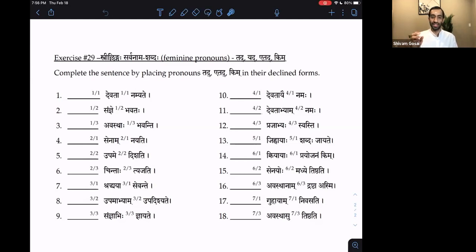Guruhu dishyati. What does he teach? Upame. Upama is the pratipadika. Upama means example. So he teaches 2 examples. Okay, now tad shabda: sa te ta ha, right? So te, ye, ete, ke.